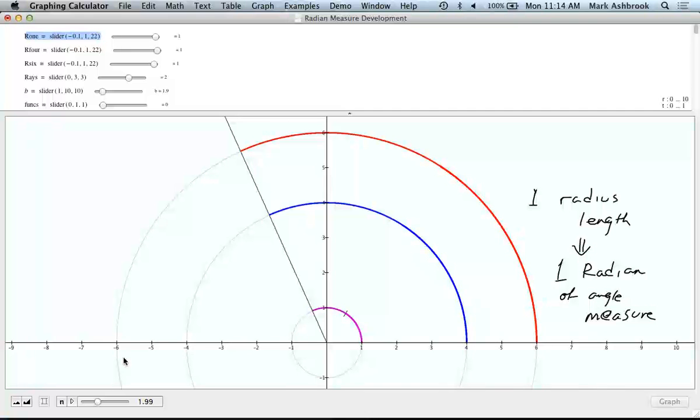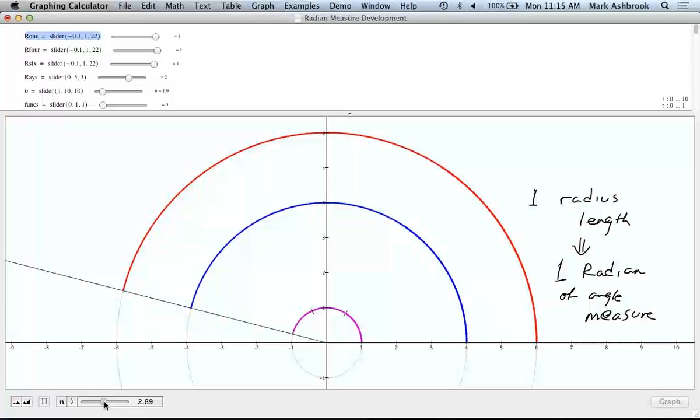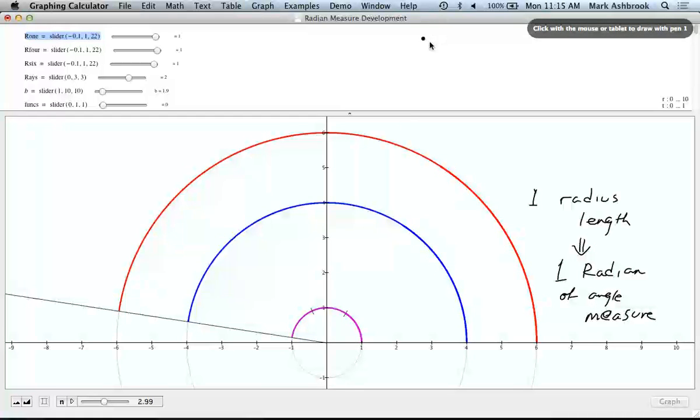Okay, so now I want to put it at 3 radius lengths, and then I'll have you make a table. So there's 3. For each circle it's showing 3 radius lengths, and so for each one we're going to make a table here.